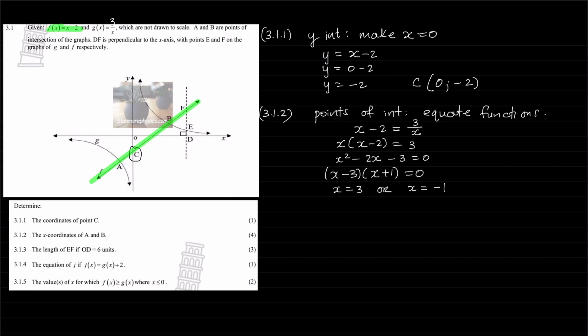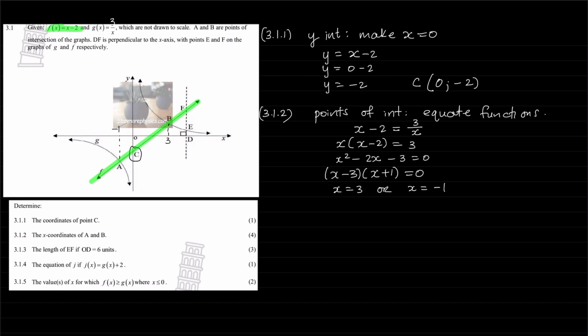Both of these are valid because you have one x value on the negative side of the x-axis and one on the positive side. So this value here will have an x value of 3 and this one will have an x value of negative 1.